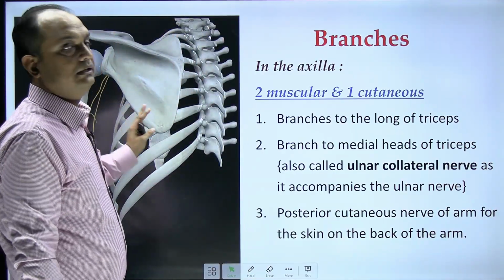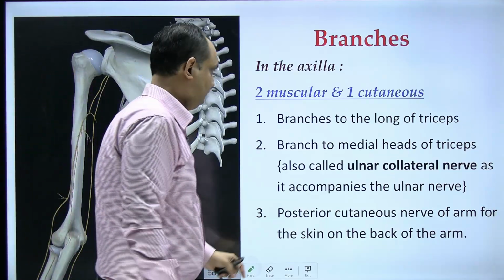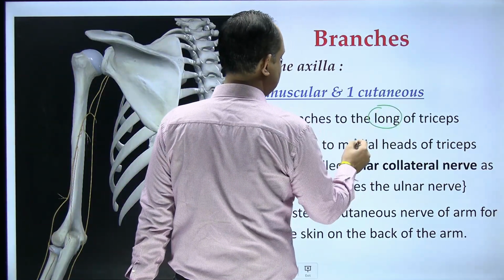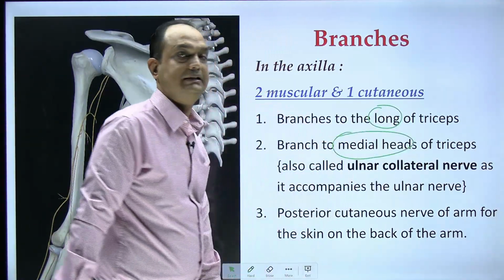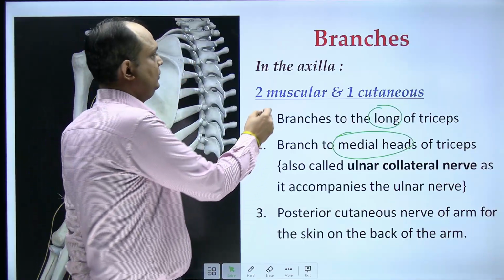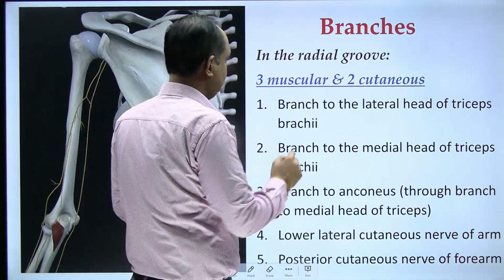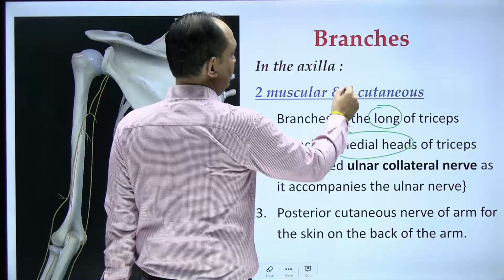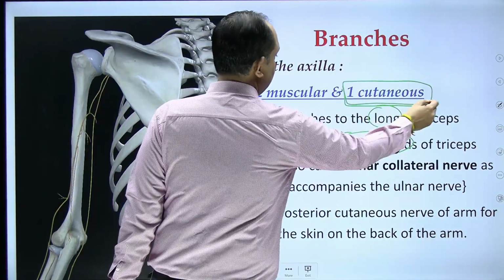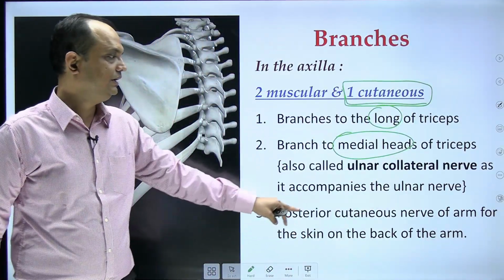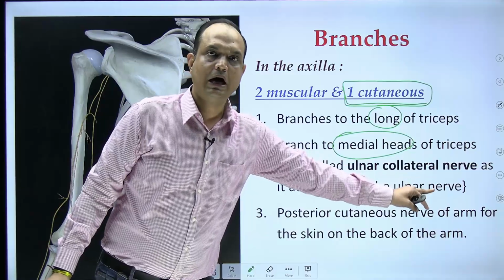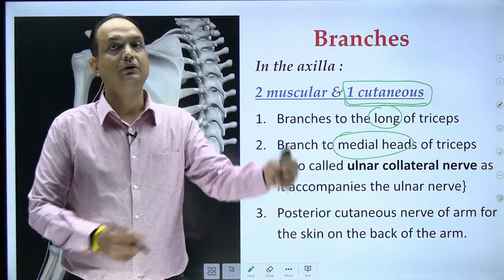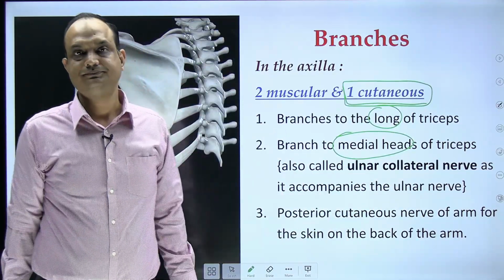So in the axilla it is going to supply your long head of triceps and medial head of triceps. So these are the two muscular branches. Now it is having one cutaneous branch. This cutaneous branch is known as the posterior cutaneous nerve of arm, for the skin on the dorsal side or the back of the arm.